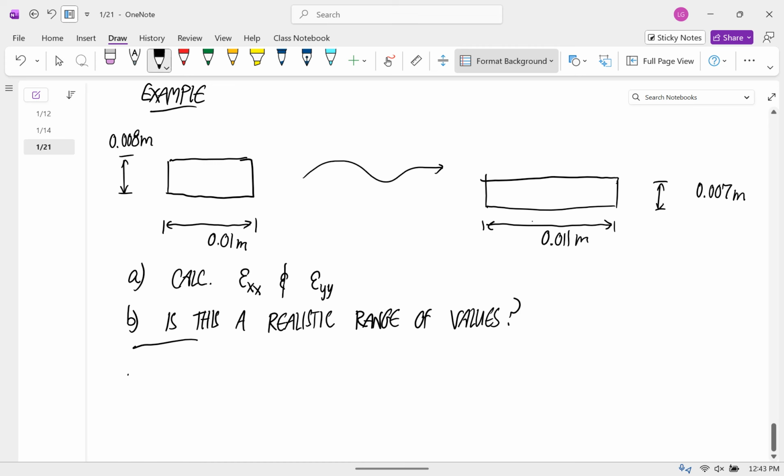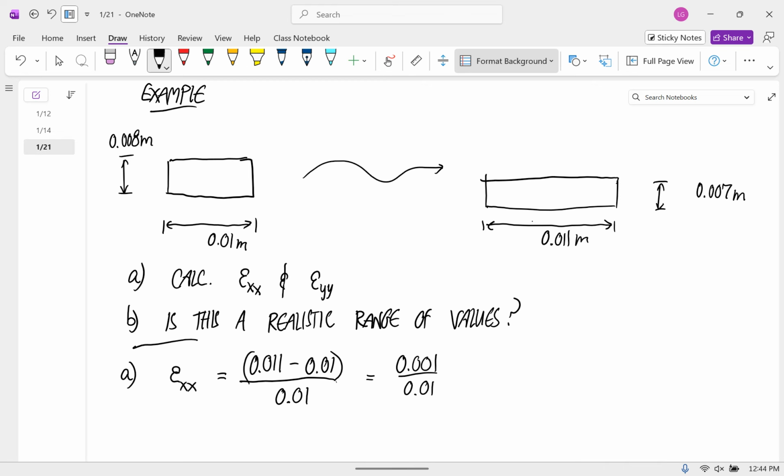Okay, so for exx, this normal strain is going to be 0.011 minus 0.01 divided by 0.01. And so we get 0.001 over 0.01, or 0.1.